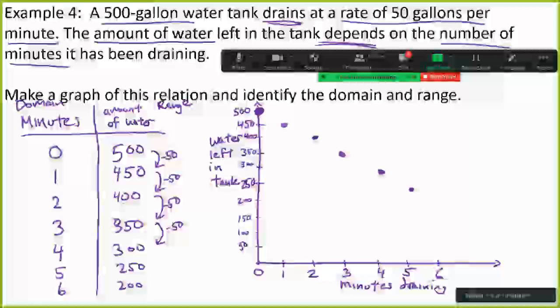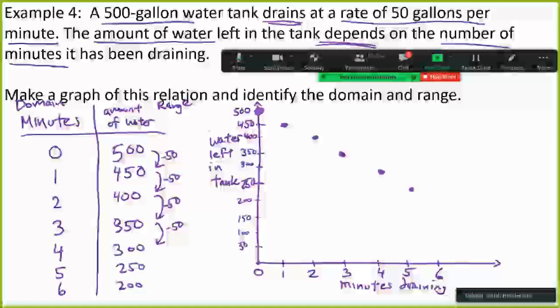Okay. Now the domain here, technically, the way we wrote it in our table, is the numbers 0, 1, 2, 3, 4, 5, 6. The range would be 500, 450, 400. But let me ask you, when the tank is emptying water out, is it jumping down from like 500 gallons and then all of a sudden 450 and then all of a sudden 400?